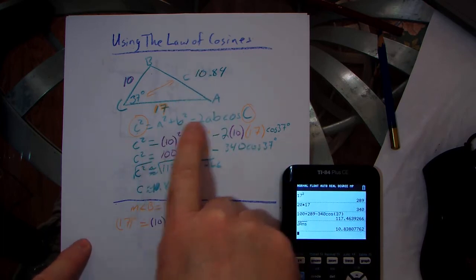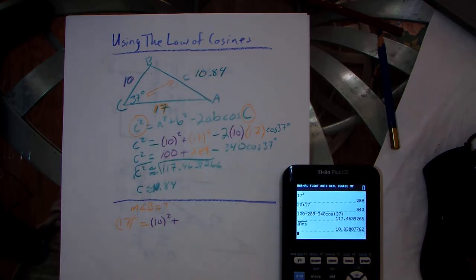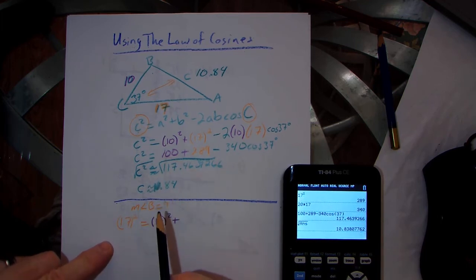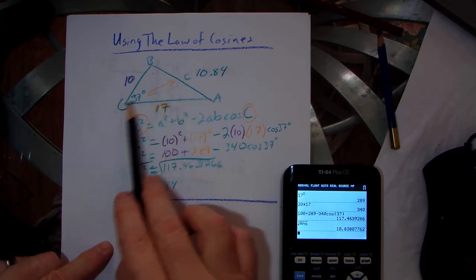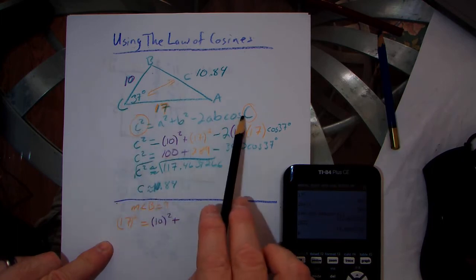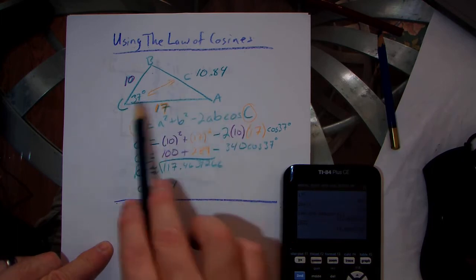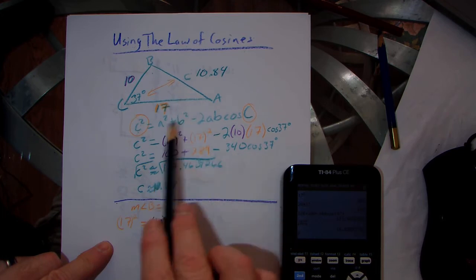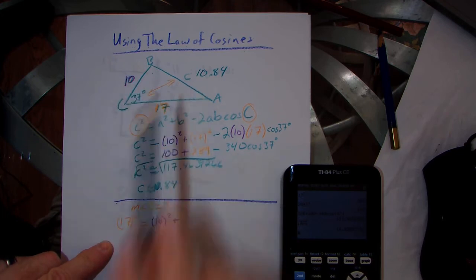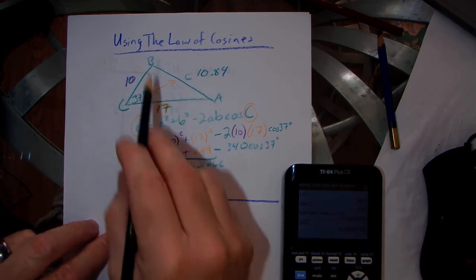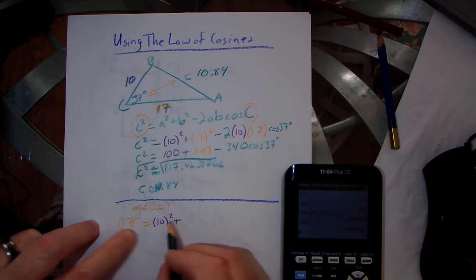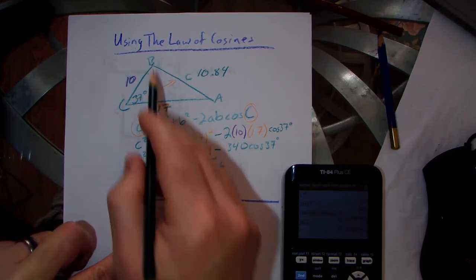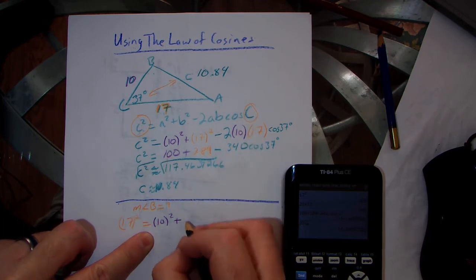So these letters, just like when I gave you a grief over the Pythagorean theorem, and you guys said, oh, a squared plus b squared equals c squared, and I said, no, that's not right. This is a big reason why I say that, so that we don't get confused. Just because it says c here doesn't mean it has to go in this place. These two numbers are the angle and the side opposite it. These two numbers are the other two sides. So in this case, I'm looking for B. So this is my c part of this equation.